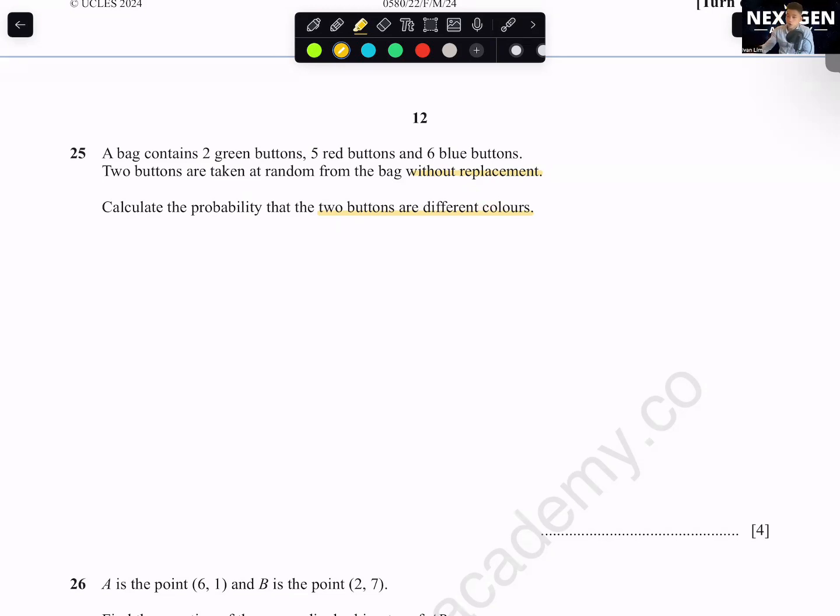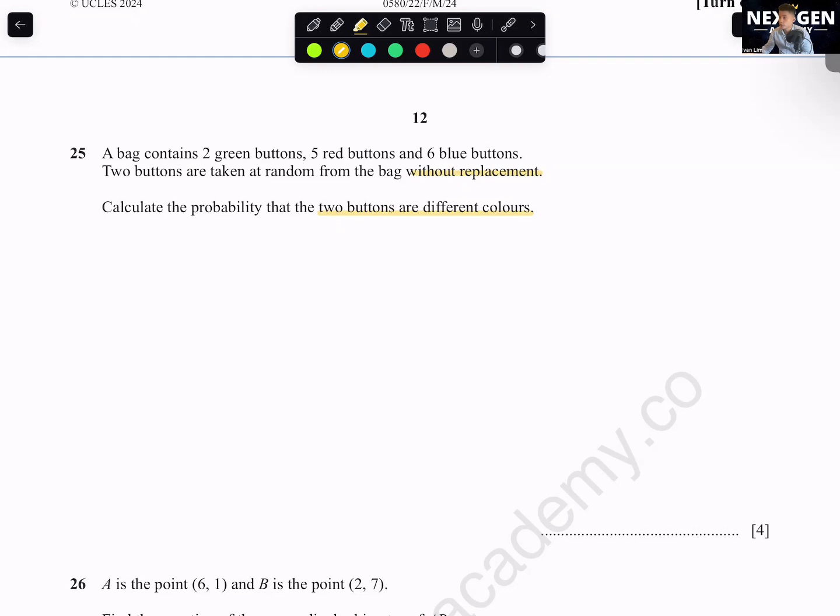You can write down all your different ways of choosing the buttons. So that means green, red, red, blue, green, blue. Then you multiply it by 2 to find the answer.